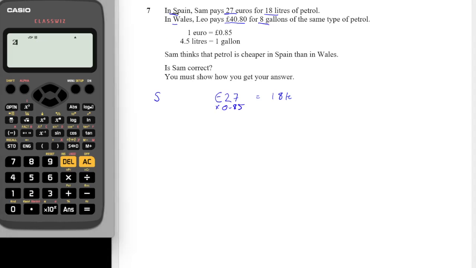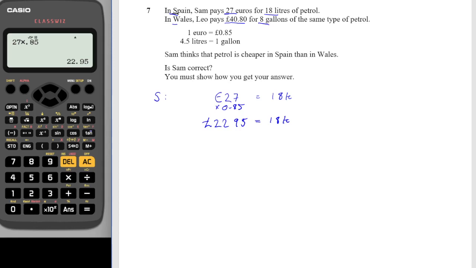So 27 times by 0.85 is going to give me £22.95 for 18 litres. I'm going to stop there, but I might convert that again after, so I'm likely to have to convert it into pounds, how many litres they get per pounds, or a consistent unit.